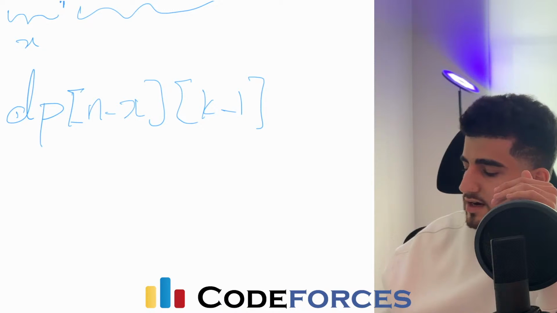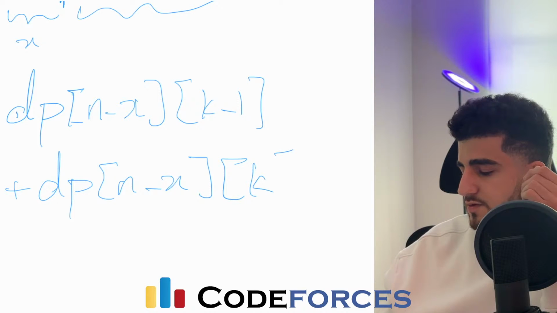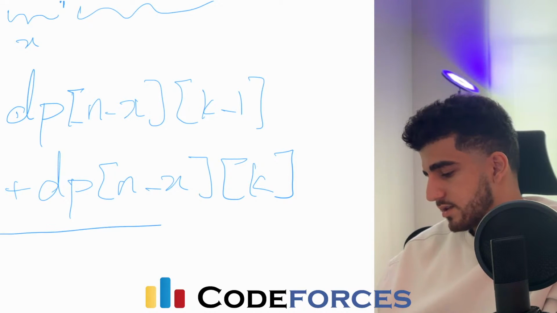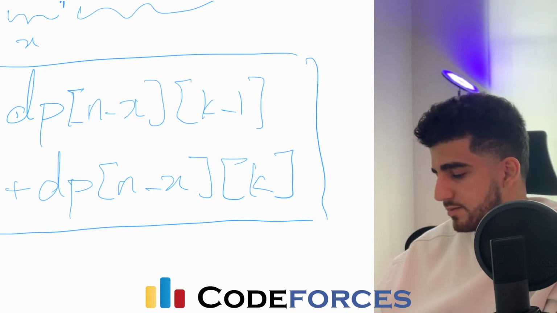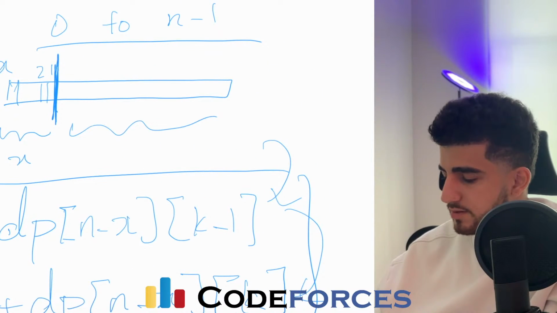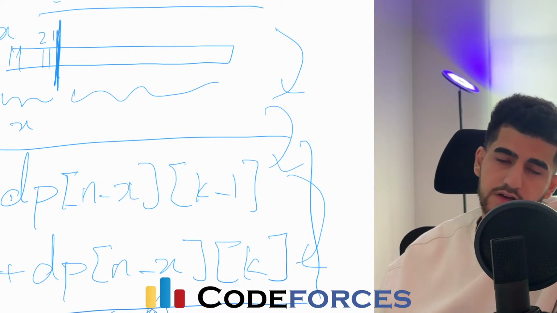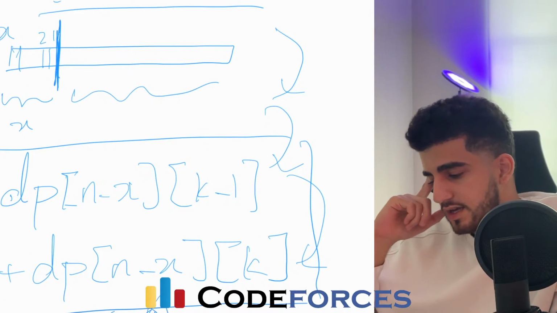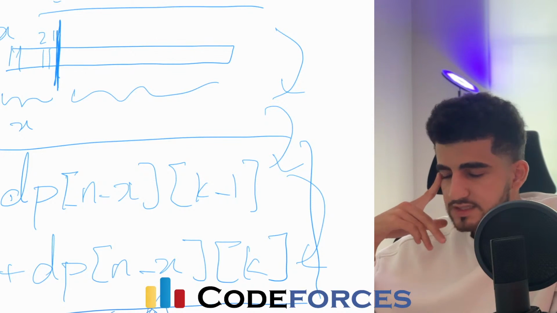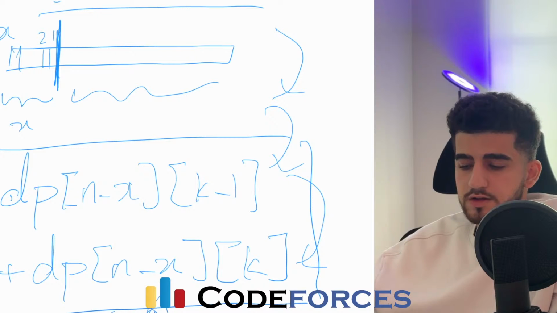And then in here, you need to add dp of n minus x and k as well, if k is your limit. But you could also say that k minus 1 is the limit. Okay, so only k updates from itself, as well as being updated by k minus 1. But all of the other ones will be updated from the previous ones. So I fixed that. I have a block of x numbers at the beginning, and then I have n minus x numbers, and there should be k minus 1 different numbers there, or k different numbers there.